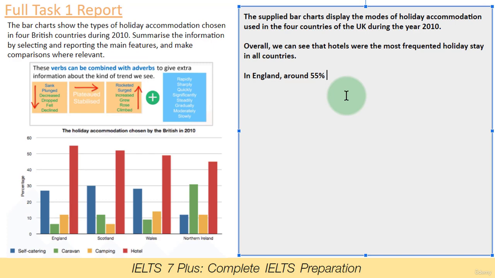Around 55% of holidaymakers chose hotels in comparison to around 50 to about 52% in Scotland. Again, I'm repeating myself from the overview, the highest proportion in both countries.